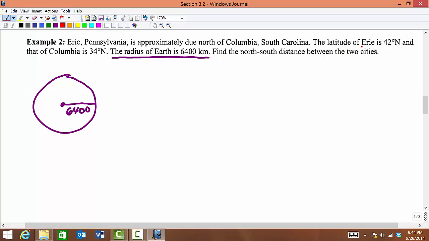It says the latitude of Erie is 42 degrees north, so using our equator here as our initial side, if I go up about 42 degrees, let's say that puts us right here. So here would be Erie, 42 degrees north, and Columbia is 34 degrees north, so the Columbia, South Carolina.